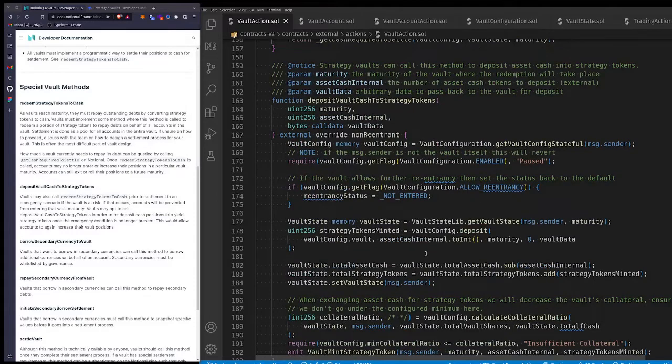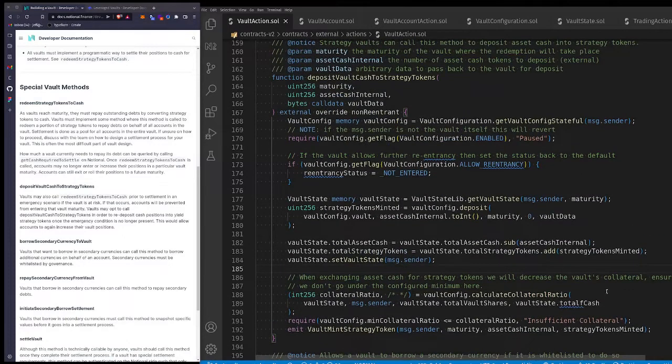Now there's an inverse of this method, which is for a vault to take cash that it's holding in its total asset cash position and mint strategy tokens as a result. Vaults can do this if there's an emergency condition that presents itself, which then goes away and they want to put the cash back into the yield strategy.